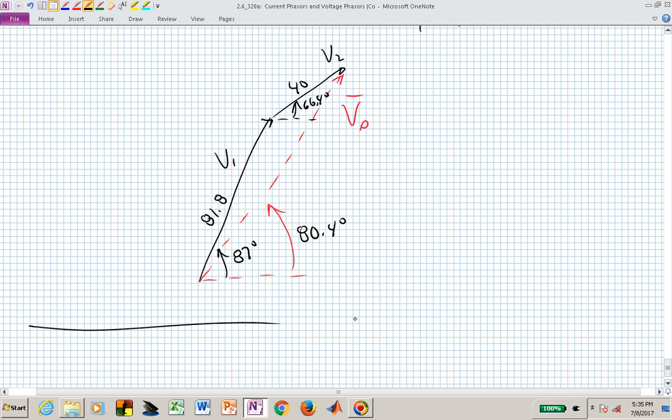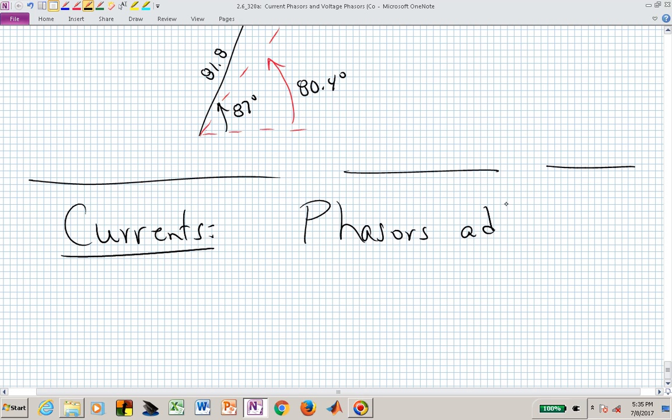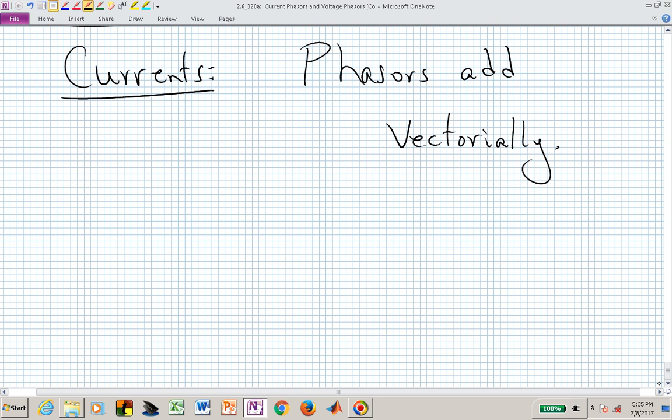And likewise, you need to make sure that when you're dealing with not only voltages, but currents, those are also phasors, and you have to make sure that you're treating those vectorially as well.